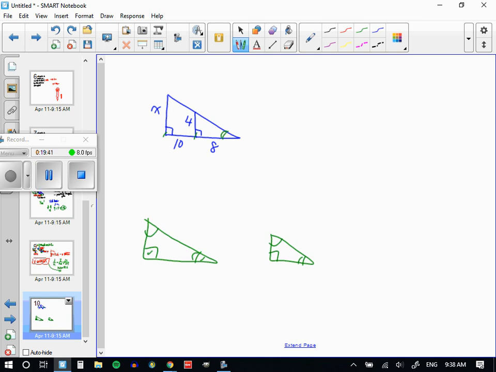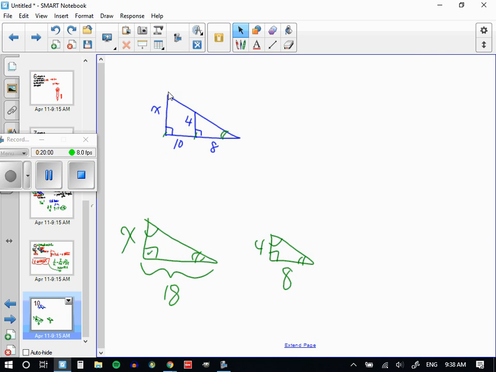Because I said that, I could put x here, 4 here, and 8 here. The only other thing I have to figure out is how long this side is, and I know that one is 18. So I have set up two triangles with one side missing.